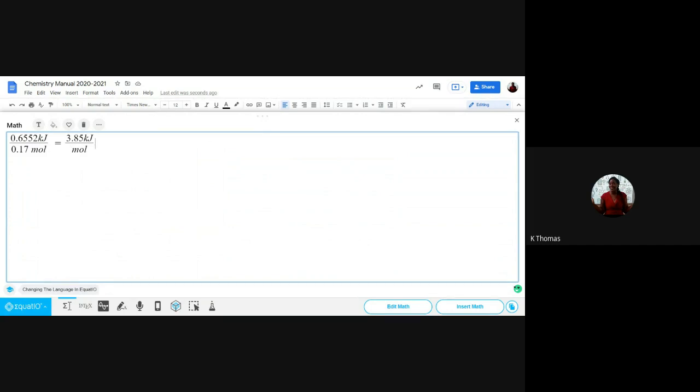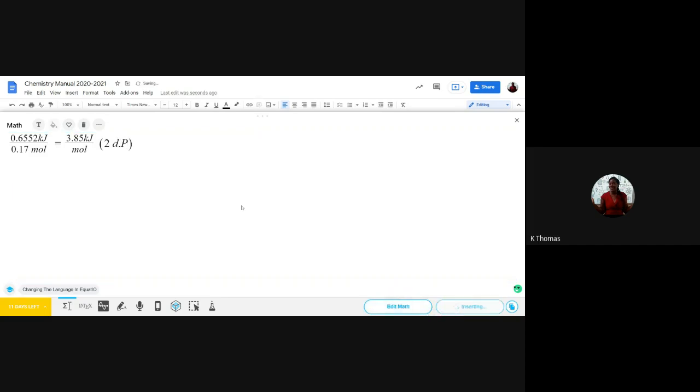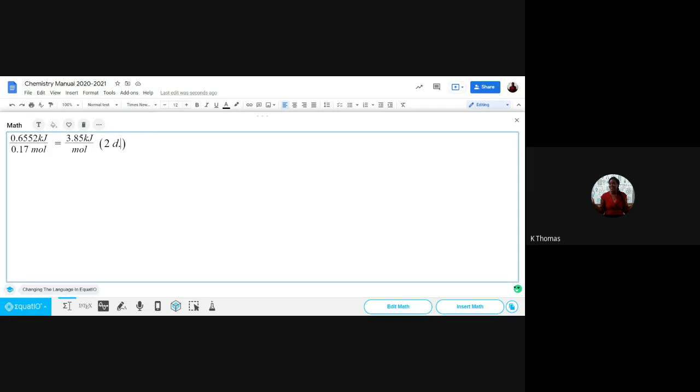I'm just going to make a note that I recorded this to 2 decimal places, so 2 dp. Even when I was calculating the moles, guys, I put that to 2 decimal places also.